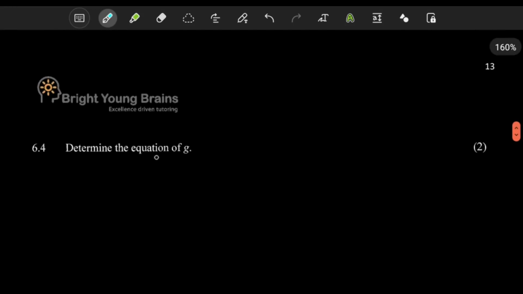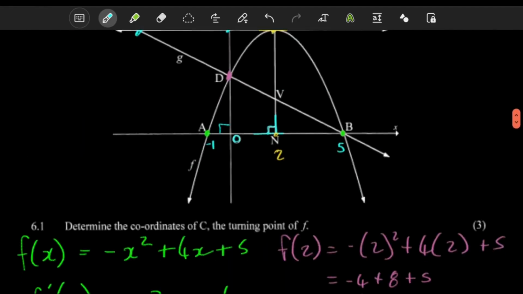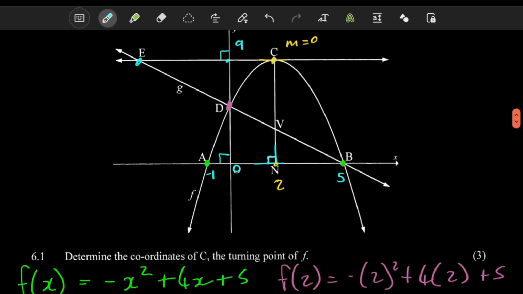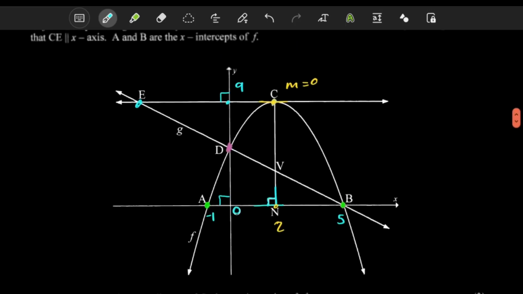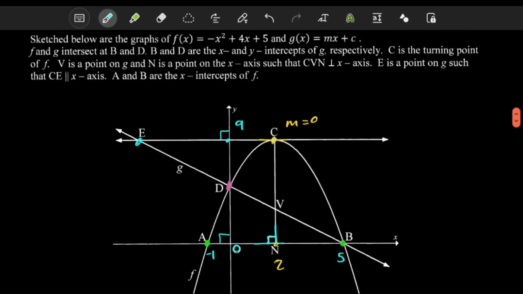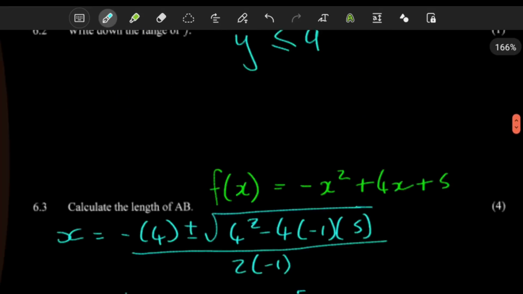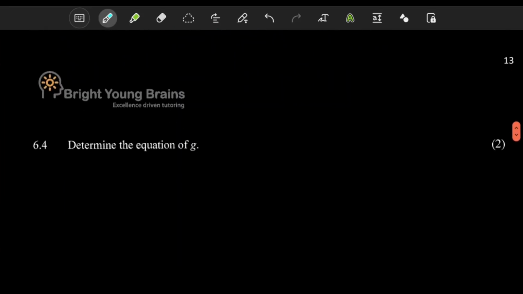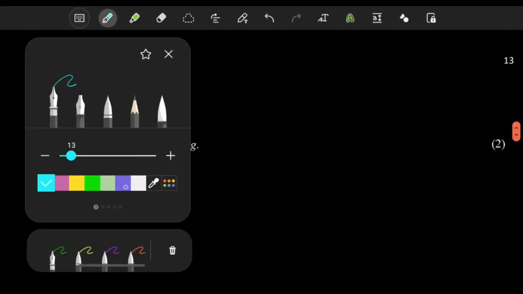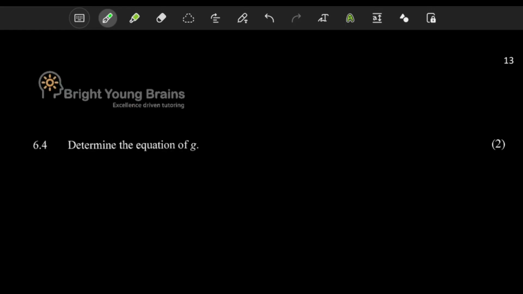6.2 says determine the equation of G for 2 marks. Getting the equation of G should be very easy, but at the same time we need to think nicely. Getting the equation of G is just a straight line graph, so don't overthink anything that is out of 2, because you're either going to know what to do or just move on and not waste your time. So here y is equal to mx plus c.